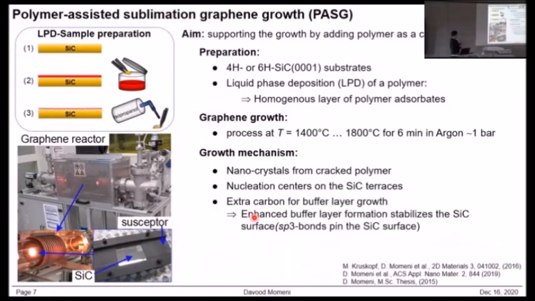During the growth, the polymer cracks, and this leads to nucleation of carbon on the terraces as well as the step areas, and leads to rapid formation of the buffer layer, which greatly helps to avoid step bunching during the process. However, the process is pretty complex and still requires a lot of optimization.